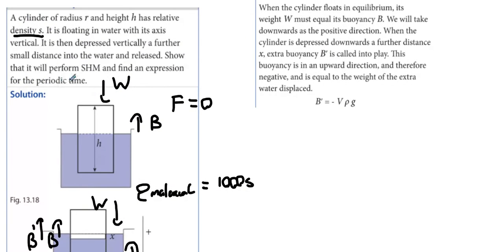We have to show that this will perform simple harmonic motion and find an expression for the period of time. When the cylinder floats in equilibrium, its weight W must equal its buoyancy B. We will take downward direction as the positive direction, so downwards is positive. When the cylinder is depressed downwards a further distance x, the distance you push it underwater, if you imagine this little distance x above the water in scenario 1, it's going to be below the water in scenario 2.